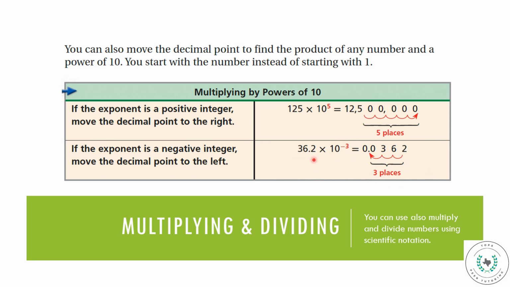So they take the decimal point that is already between this 6 and this 2, they take it and they go, okay, 1, 2, and 3. And they move it 3 places to the left. So essentially the same concept as before, except for instead of starting with 1, you're starting with the beginning value, or the first value that's listed as being multiplied by that power of 10.